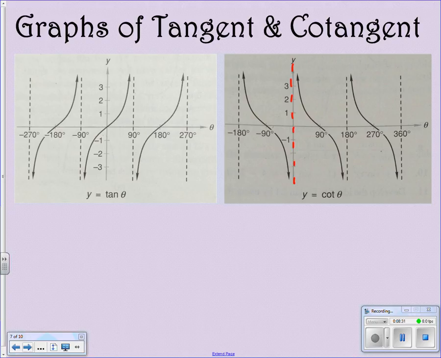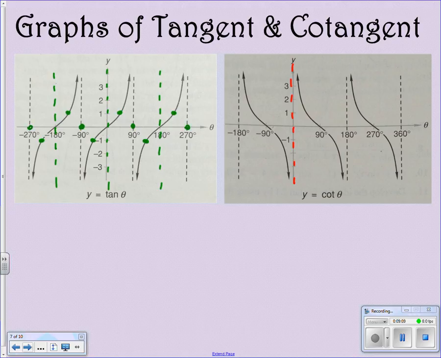I'm going to graph the cotangent on top of tangent because cotangent is the reciprocal of tangent. So when we graph reciprocals, we put a dot everywhere that it equals 1 and negative 1. And then everywhere it crosses the x-axis, we put an asymptote. Okay? And then also on these, we haven't had this before, but everywhere you have an asymptote, you actually have where it crosses the x-axis.